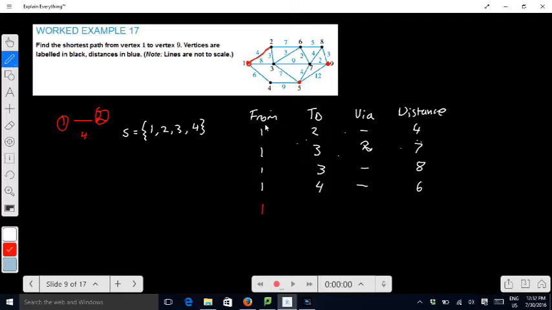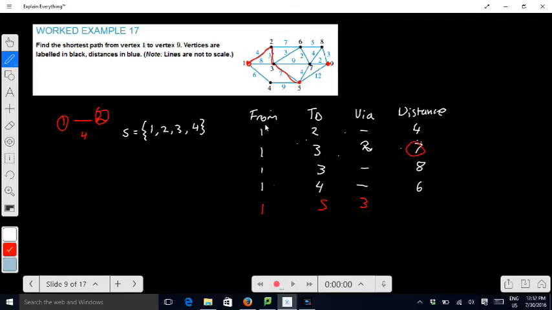From 1 to 5, how can I go from 1 to 5? I want to go via 3. So when you said 1 to 2, 3, then I can go 3 to 5. If I went through 3, we had 7. It was the better option.